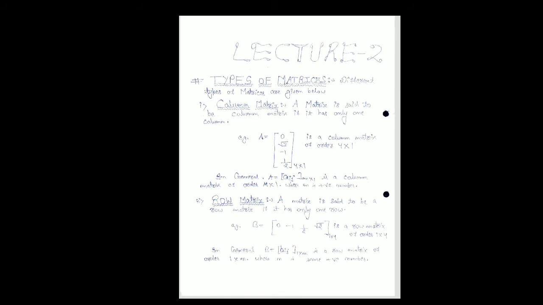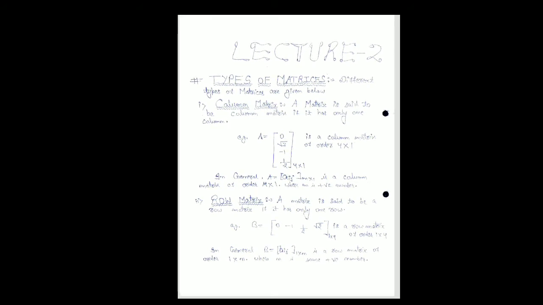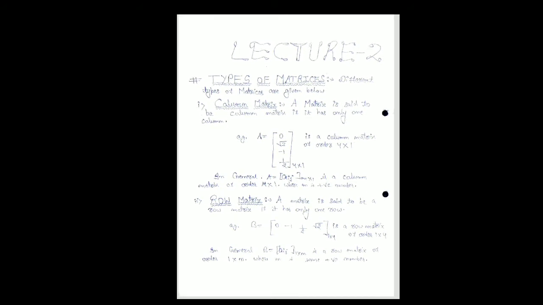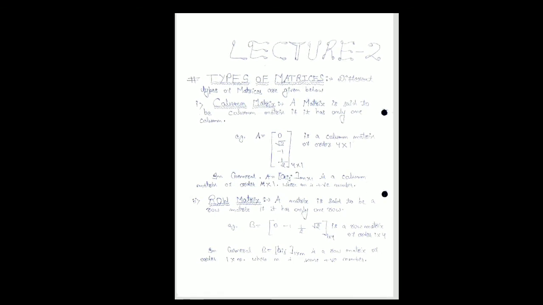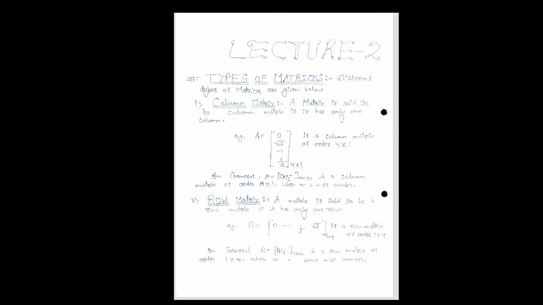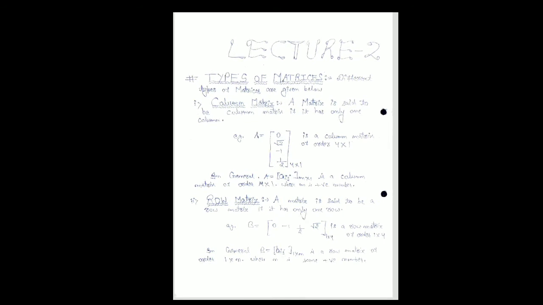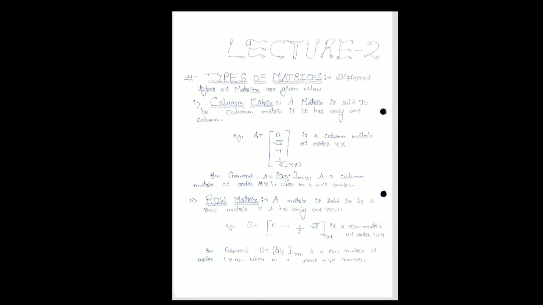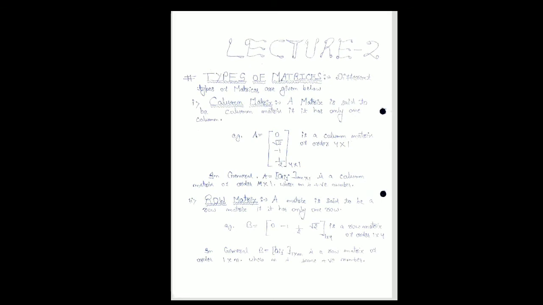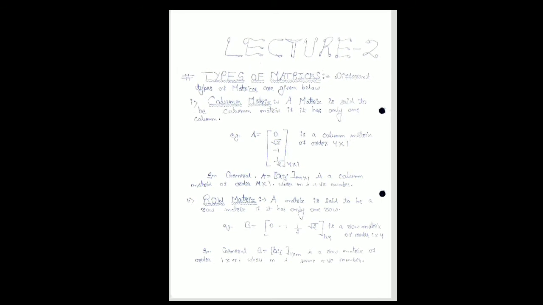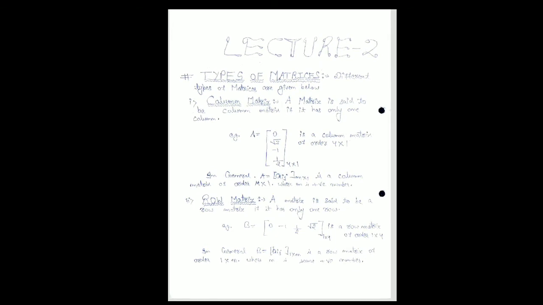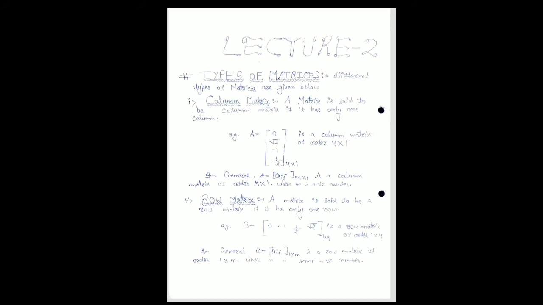Now the second one is row matrix. A matrix is said to be a row matrix if it has only one row. For example, we have taken a matrix B whose entries are 0, minus 1, 1 by 2, root 2. Clearly, its order becomes 1 cross 4.